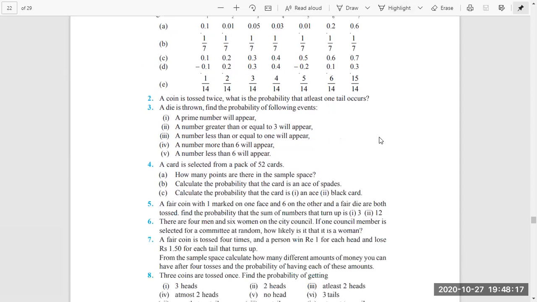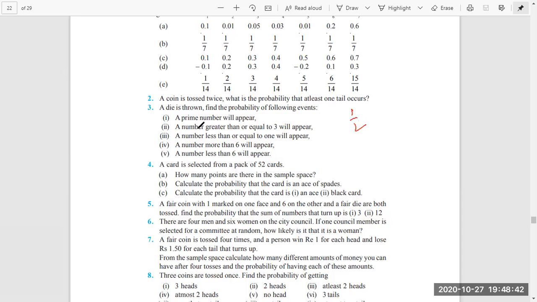A die is thrown. Find the probability of the following events. First, a prime number: 2, 3, and 5, so 1 by 2.